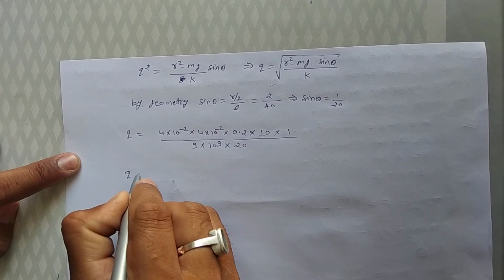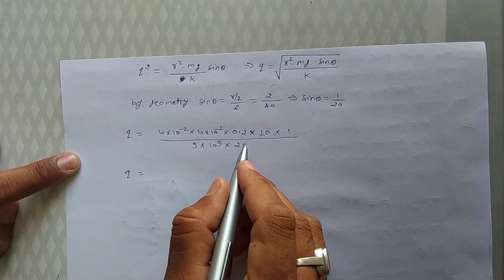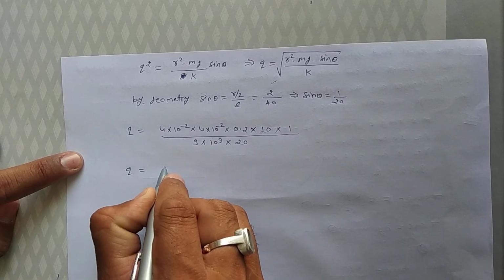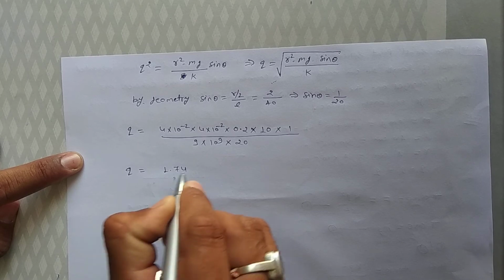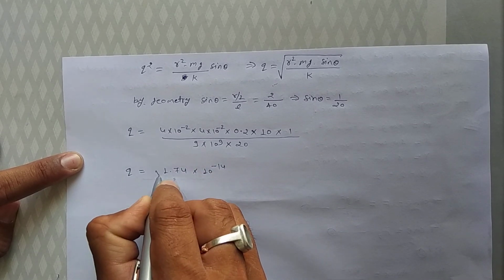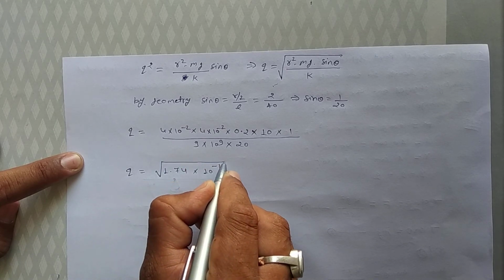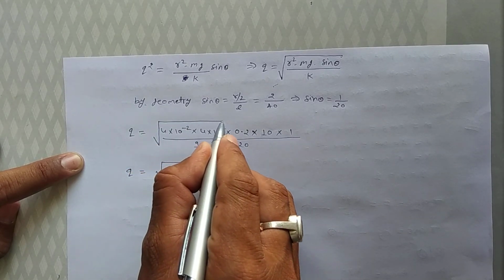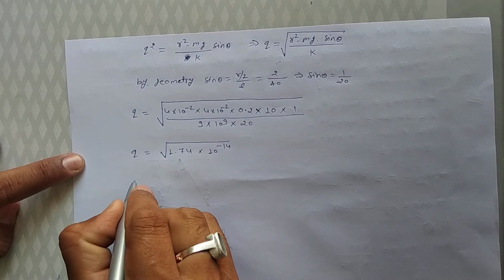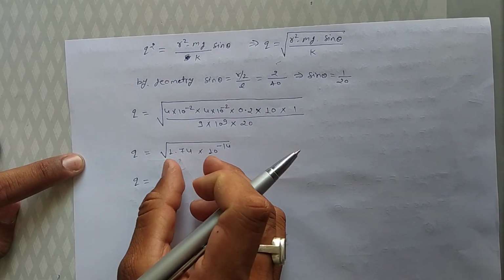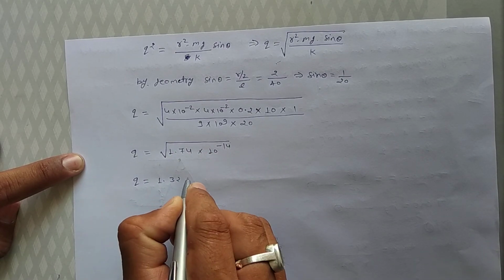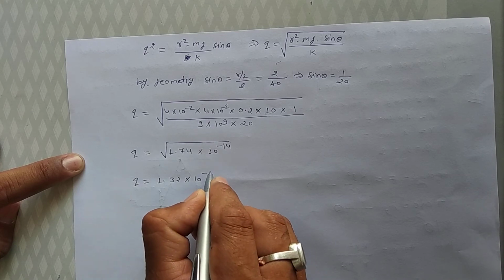So Q is equal to, by solving this calculation, we get 1.74 multiply 10 to power minus 14, all to the power 1 by 2. Then we solve this calculation and we get Q equal to 1.32 into 10 to power minus 7.